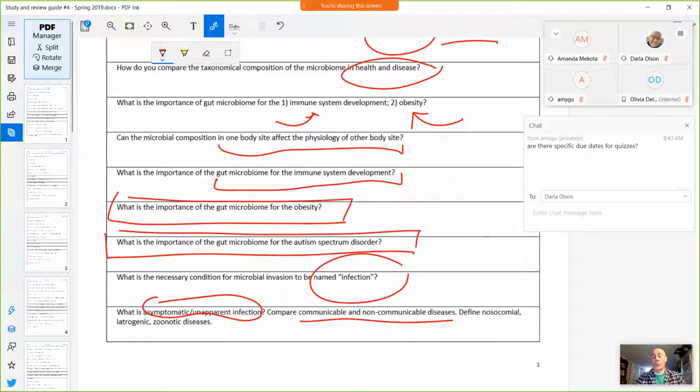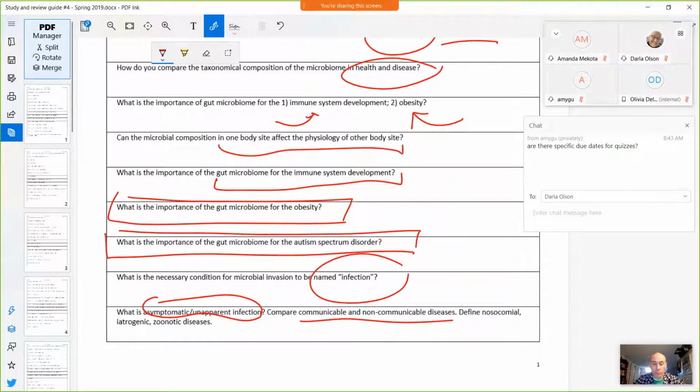If I for some reason ask you to give me an example of a communicable or non-communicable disease, I mean, heart disease is non-communicable, but it's not infectious, so that would be a bad example. So non-communicable disease examples can be peritonitis, or we talked about amoebic invasion, Naegleria fowleri, brain-eating amoeba. That's another good example of non-communicable disease.